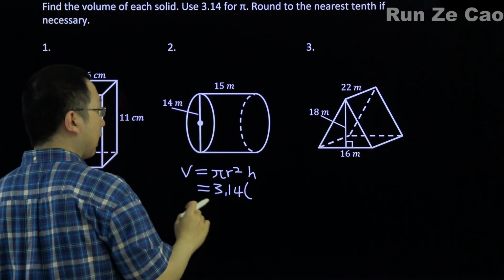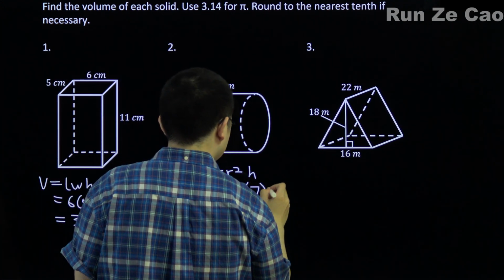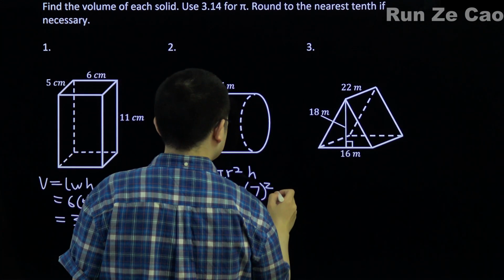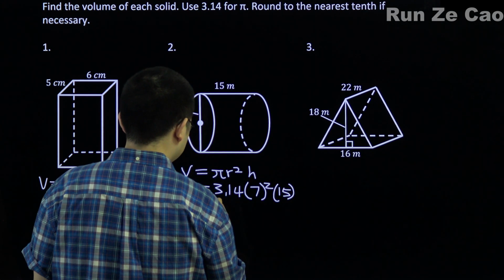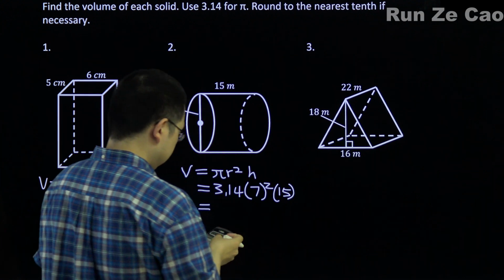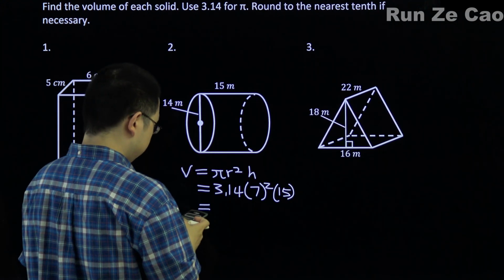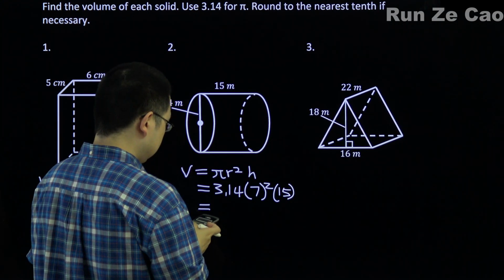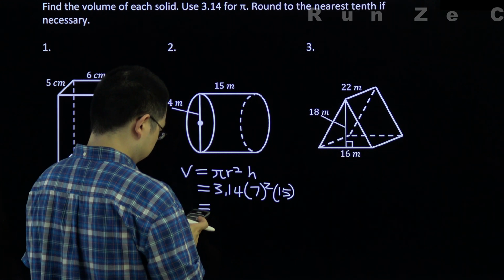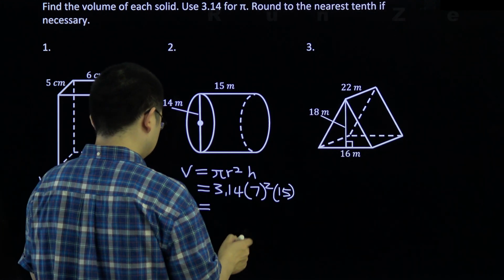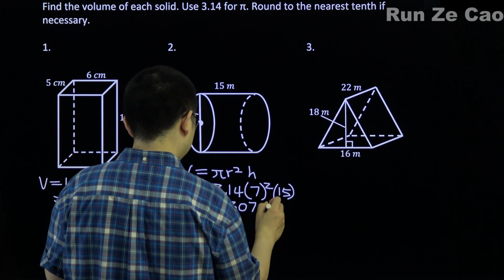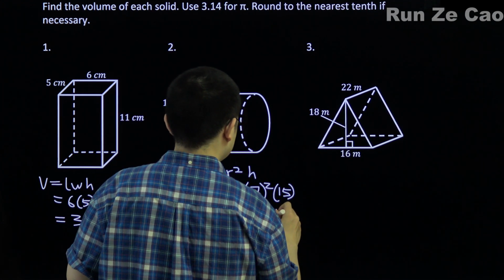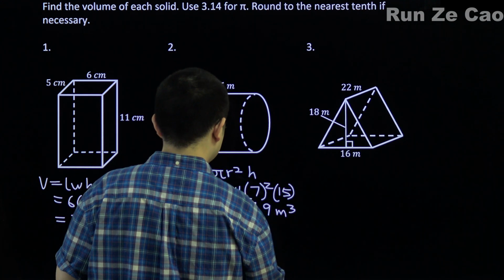Radius is half of 14, that's 7 squared, times height, which is 15. So 7 squared times 15 times 3.14 gives us 2307.9 meters cubed.